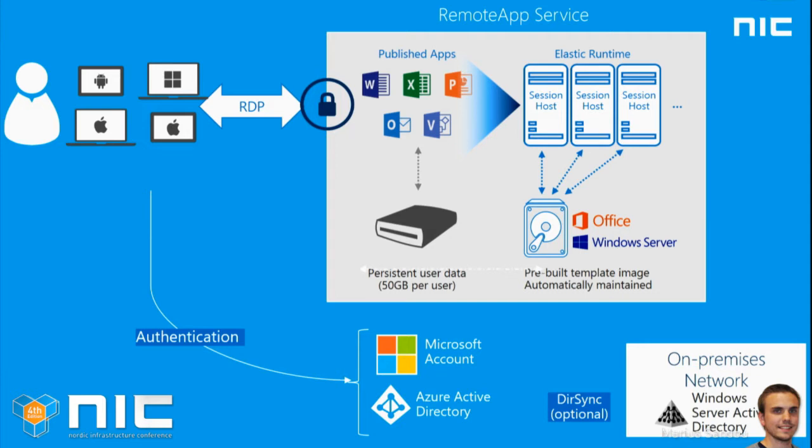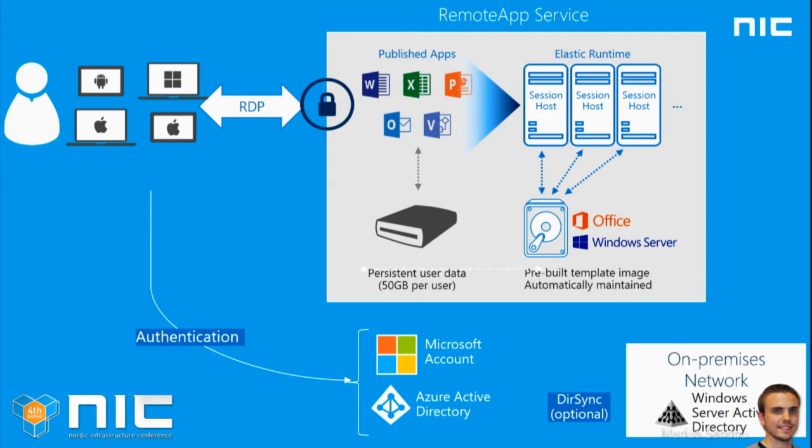So they communicate directly with the Azure Fabric Controller, which is basically the brain and logic in Azure. So when they see that they have too many or too few resources, or too many users logged in, they tell the Fabric Controller that we have so many users, we need more resources. And then Azure will automatically start to provision new virtual machines based on an image template that we have.